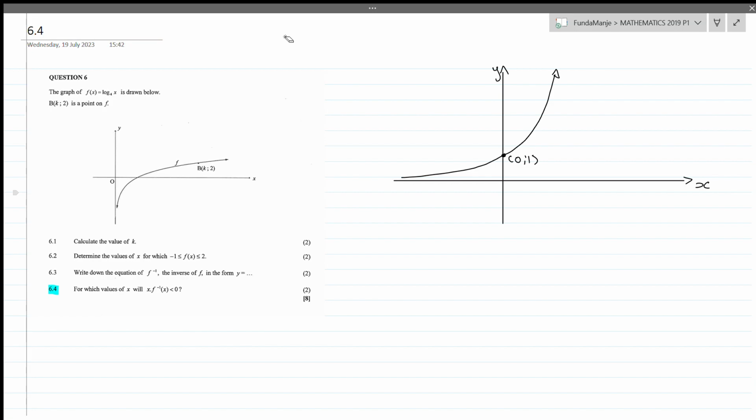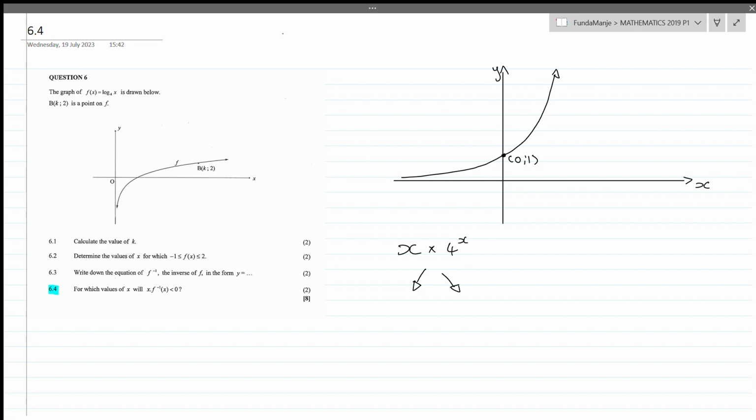Then it says, for which values of x multiplied by the inverse will the value be negative or less than 0? So x multiplied by our function, which is y, or the inverse, was 4 to the power of x, and this will always be, so we have to look at the different values of x.